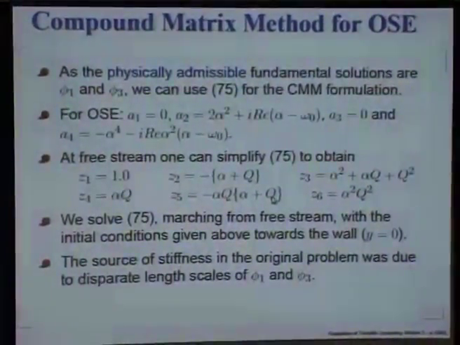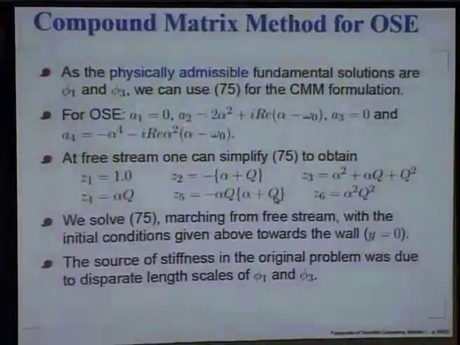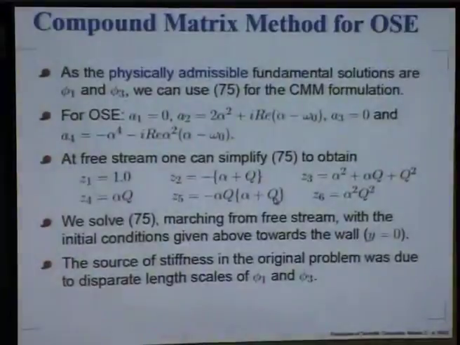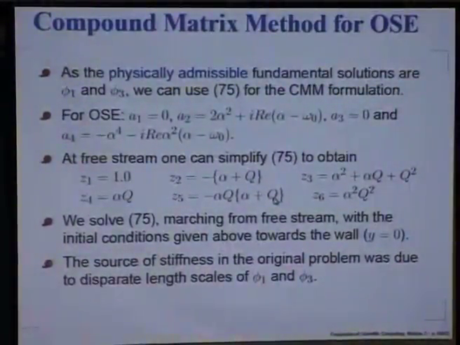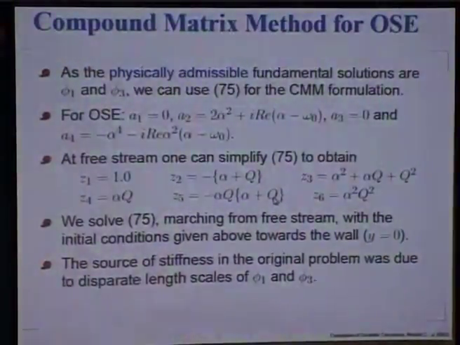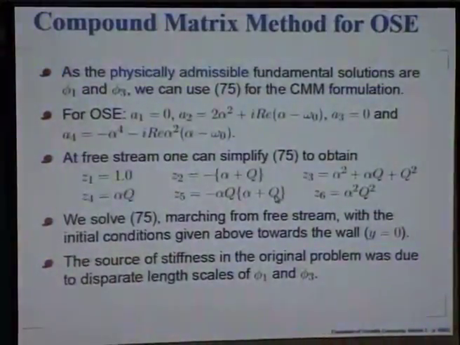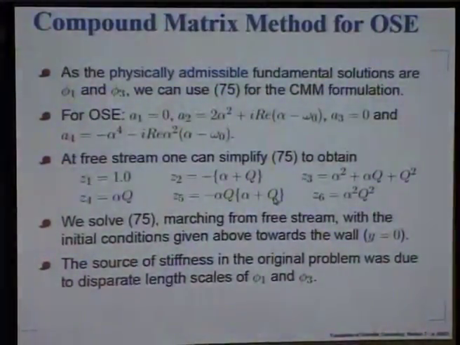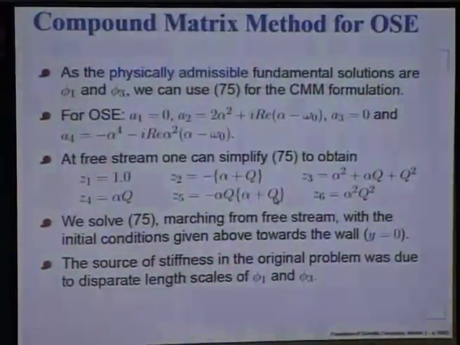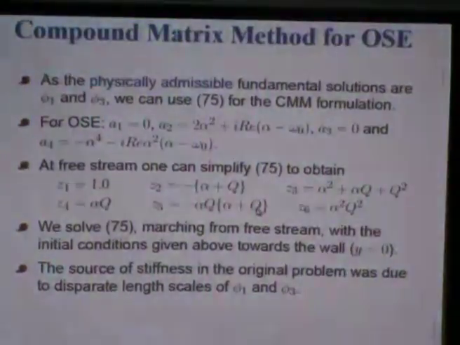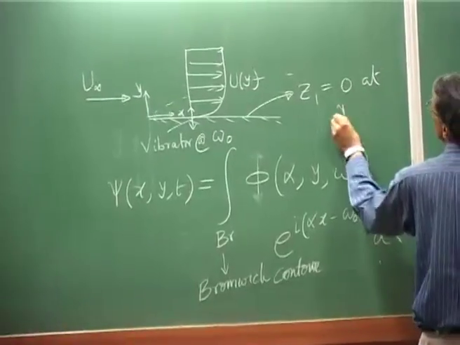If we now look at what we have here, we can plug in these particular values: A1 equal to 0, A2 will be this, A3 is 0 and A4 is this, and what we need to do is develop a methodology of solving this problem. The methodology is the following: your dispersion relation is that Z1 equal to 0 at y equal to 0.